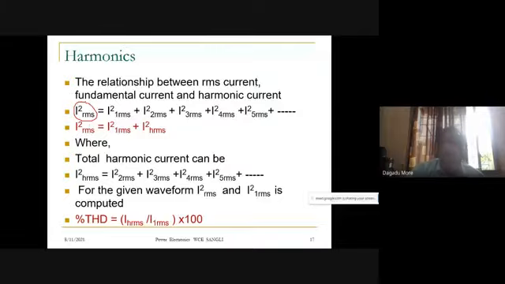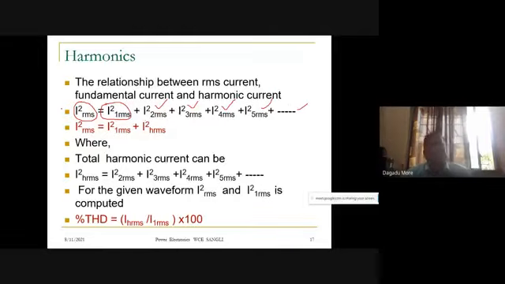This RMS current squared will be the RMS value of the fundamental current squared, plus the RMS value of the second harmonic current squared, plus the third harmonic current squared, and the fourth, fifth, and so on.